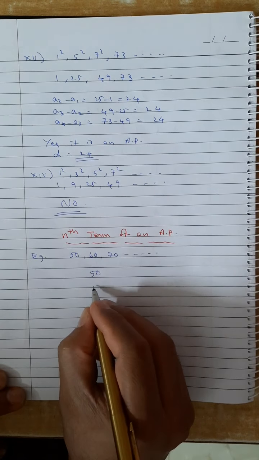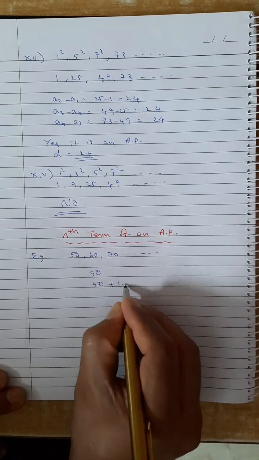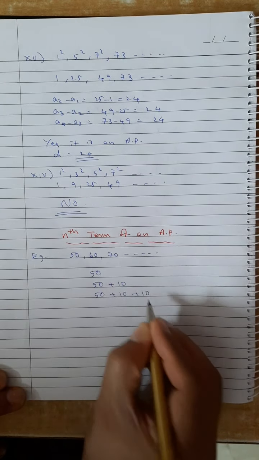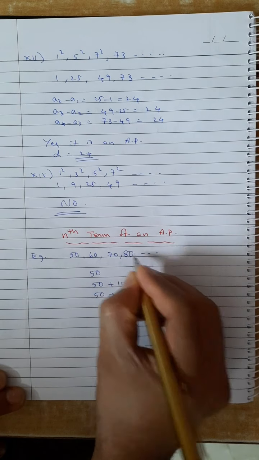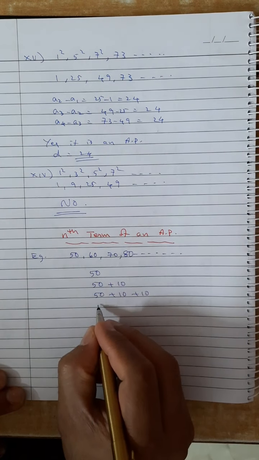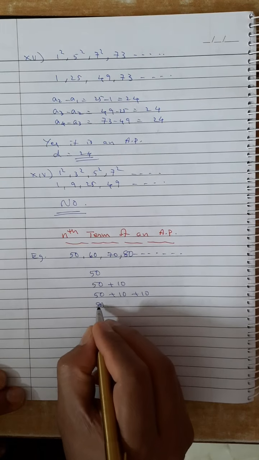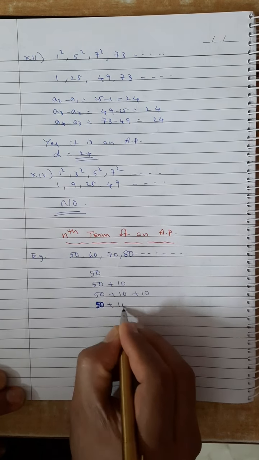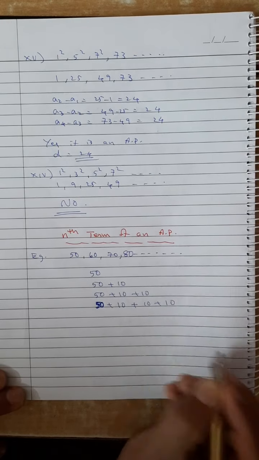Next term is 60, that means 50 plus 10. 70 means 50 plus 10 plus one more 10. 80 means 50 plus 10 plus 10 plus 10.